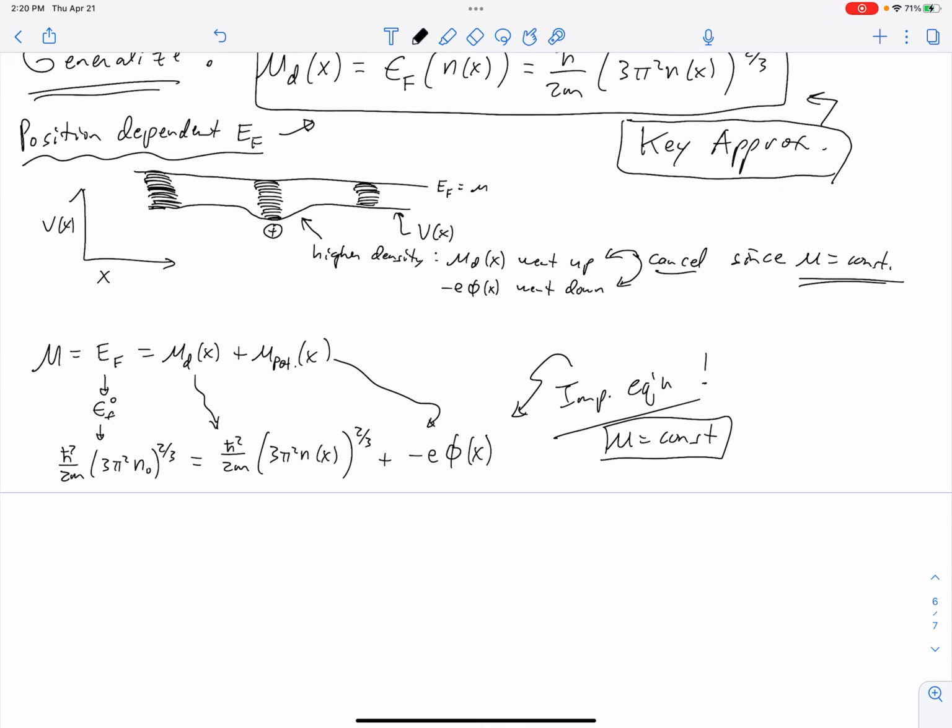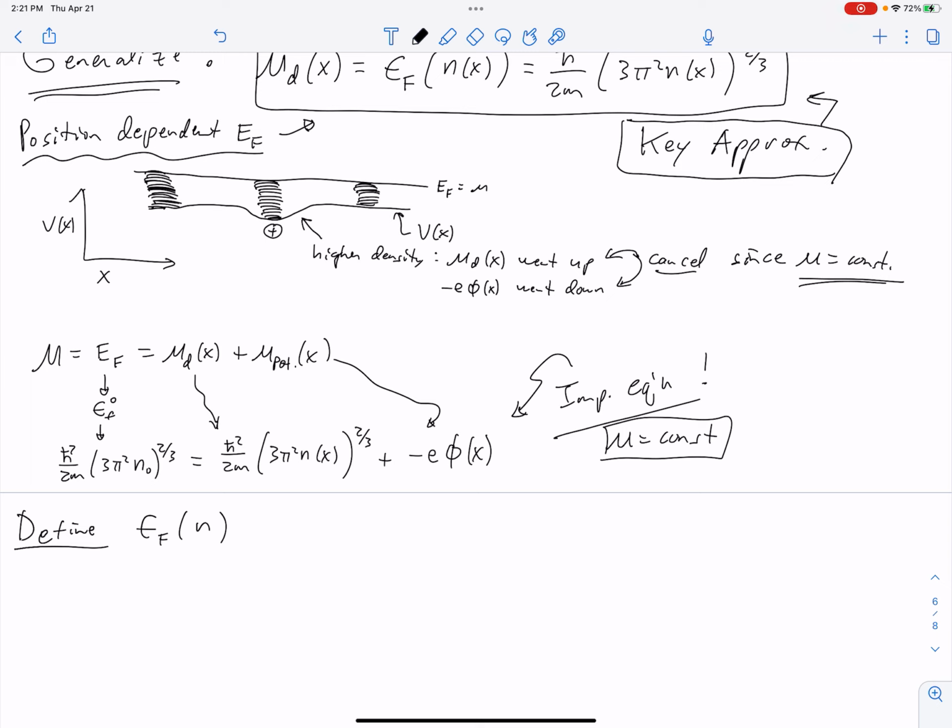Okay, and so then I can write a function. I can define the Fermi energy function, E F of n.